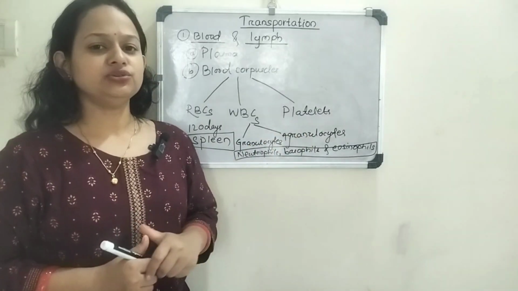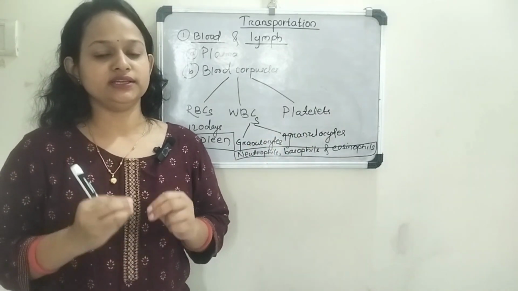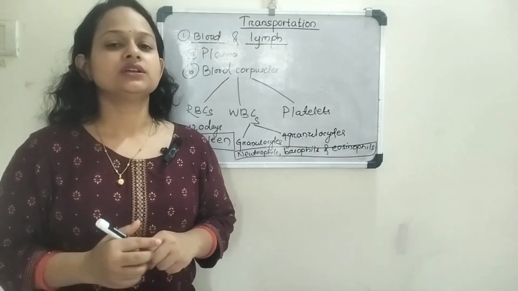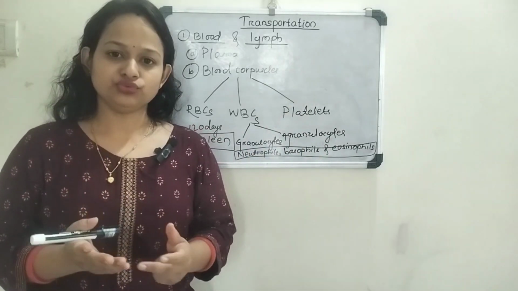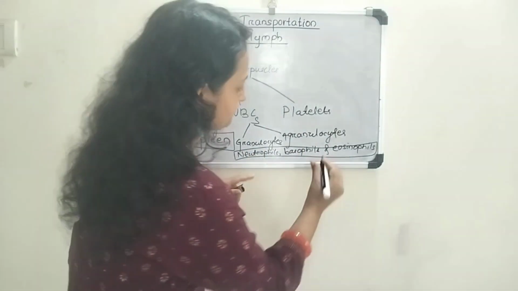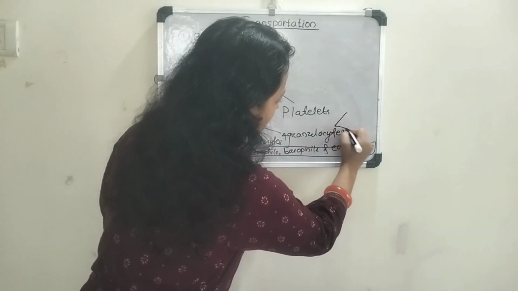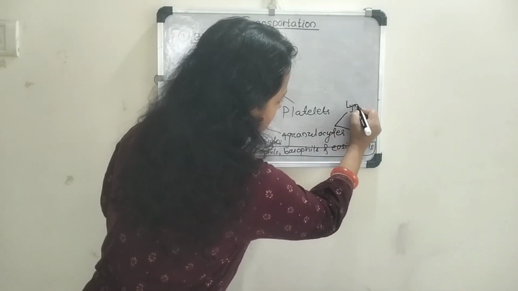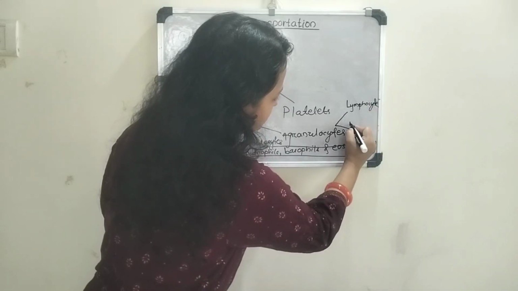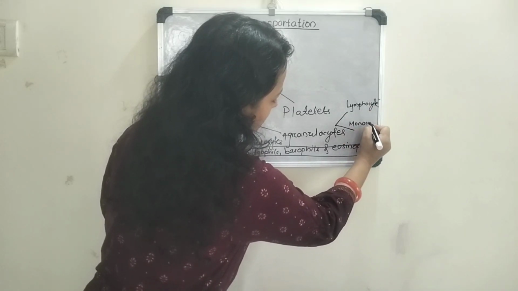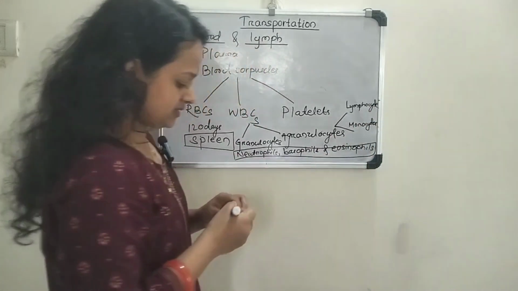But the agranulocytes lack any granules in their cytoplasm, and they are again of two types. They are lymphocytes and monocytes.